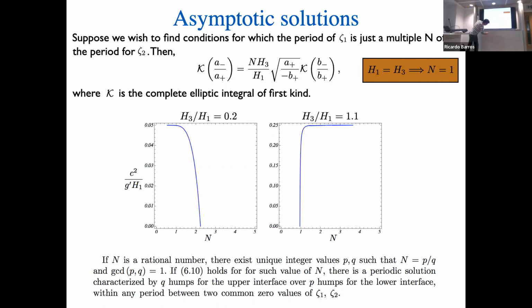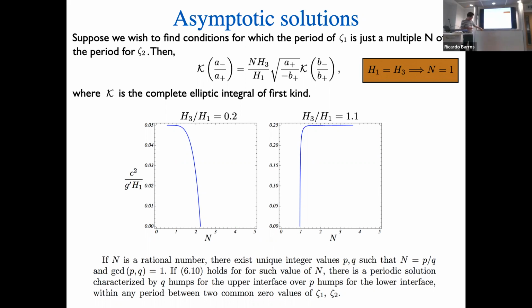Suppose you have something like this, and I have another one going like this. If the periods match somewhere, maybe I can build an orbit from here to there. And this will correspond, for example, with a wave of 2 pulses over whatever pulse.